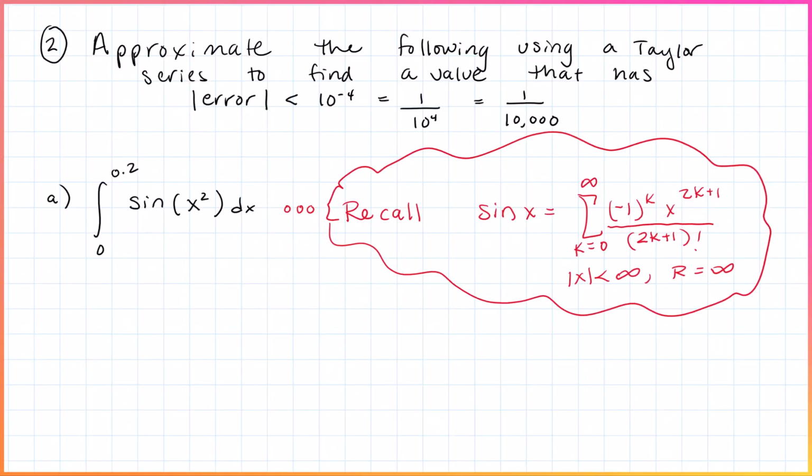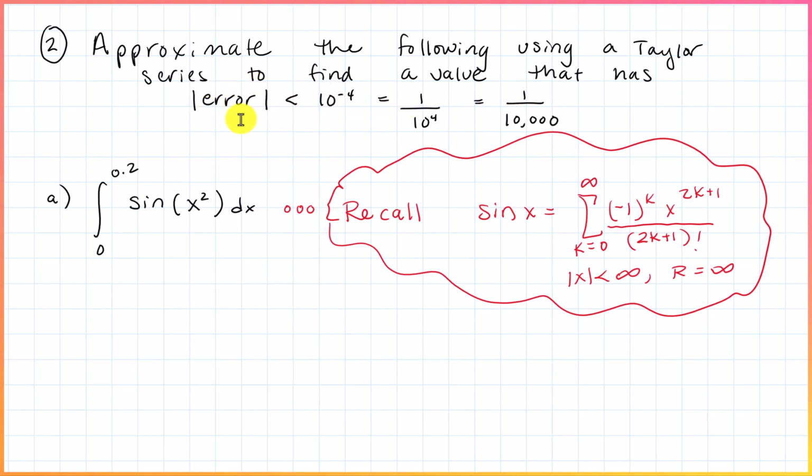Okay, let's do some integration. So for these next two problems, I actually want to approximate the following using a Taylor series. So I'm going to come up with a Taylor series for a definite integral, and then I'm going to find that value to within an error that is less than 10 to the negative fourth, or 1/10,000th.